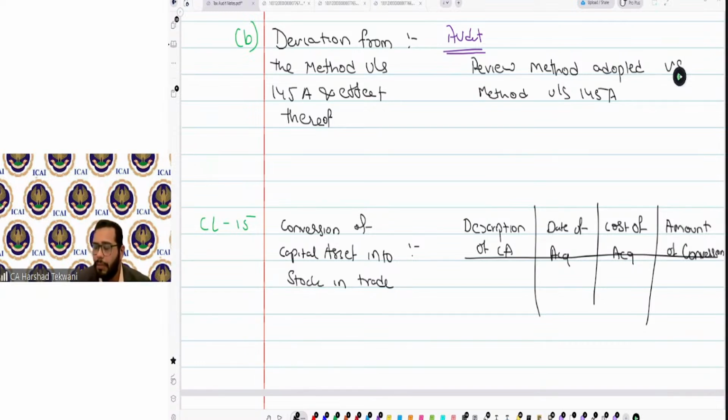Now, as you guys have already seen, section 45(2) deals with the conversion of capital asset into stock in trade, deemed to be a transfer of the previous year in which the conversion has taken place. Then there is a proviso to section 47(4) and 47(5), which deals with the transfer of a capital asset by holding companies to subsidiary or vice versa.